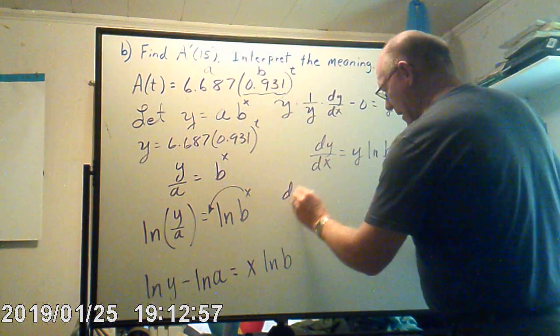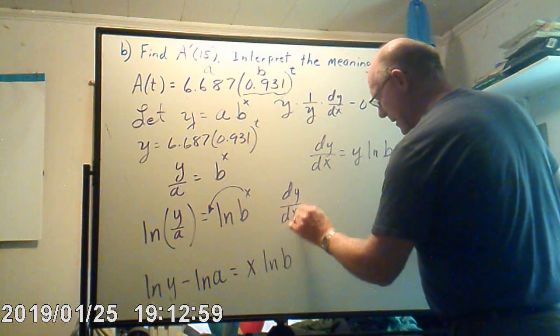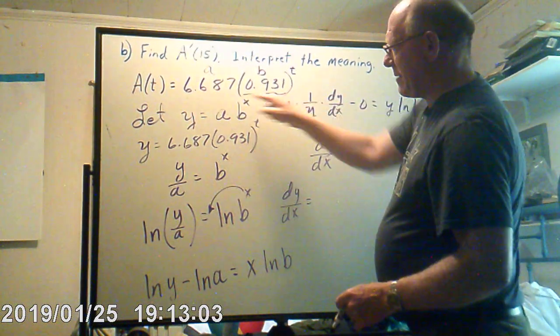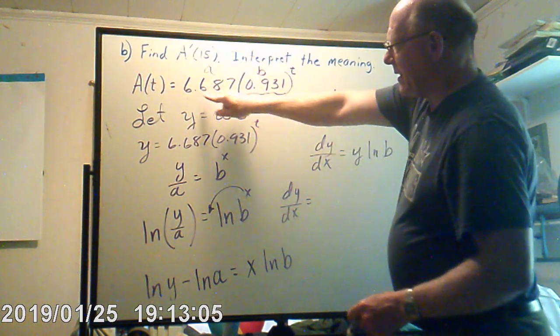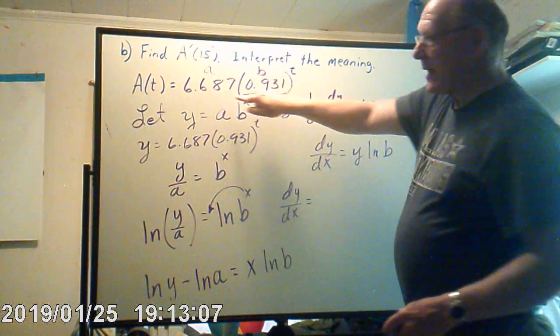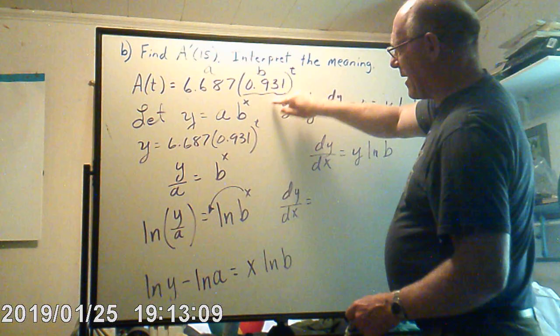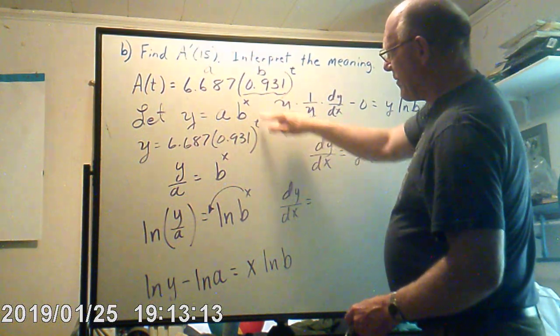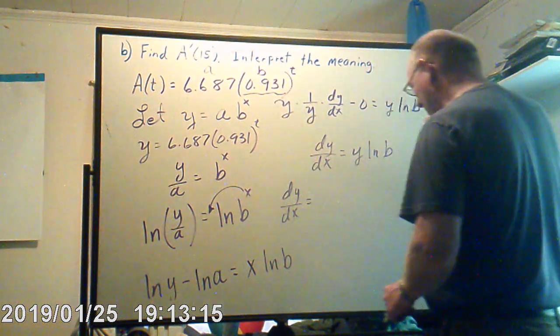A is 6.687 and B is 0.931. I'm just substituting that back in, and instead of X, I'm using T, back where I was.